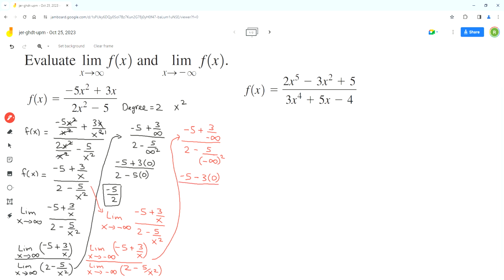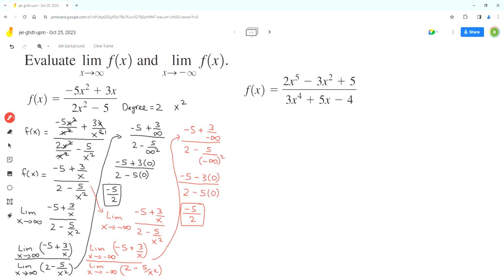In the denominator, 2 minus, since negative infinity squared is positive infinity, and 1 over infinity is 0, we get 5 times 0. So this can be simplified too. In the numerator, 3 times 0 is 0, so just negative 5, and in the denominator, 5 times 0 is 0, so there is just 2. So we got the same value for x approaching negative infinity.